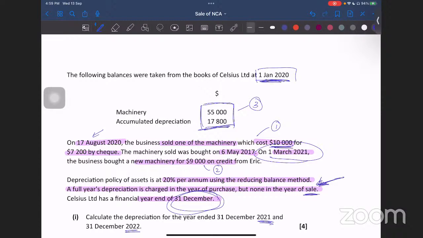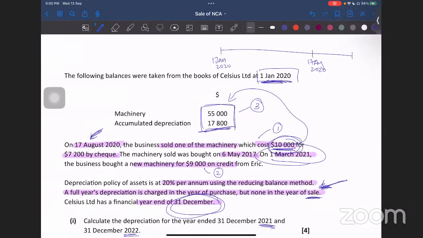The one that we sold, we only sold in August 2020. So do you agree that the one that we sold is still sitting inside the figures here? Am I right? Because if I were to draw a timeline, this one is 1st Jan 2020, but we only sold on 17 August 2020.